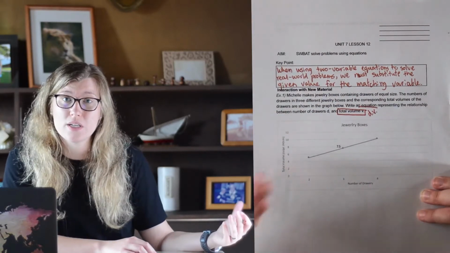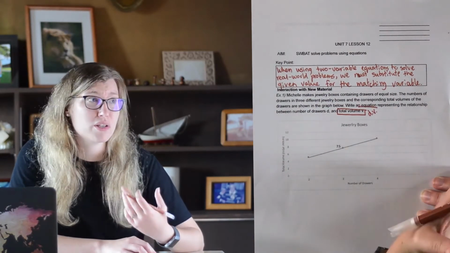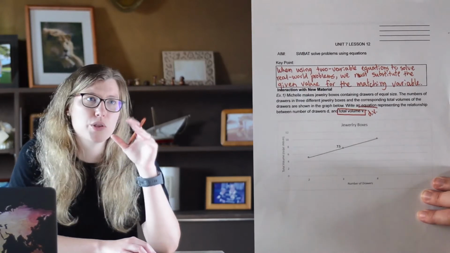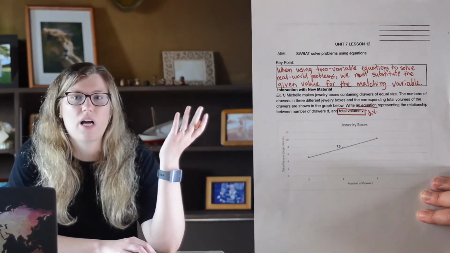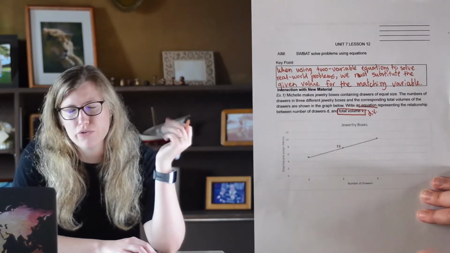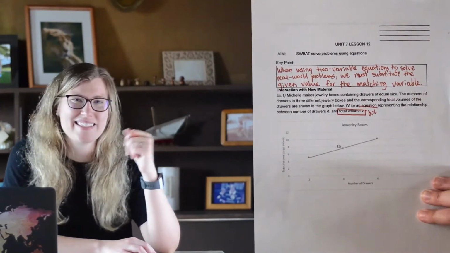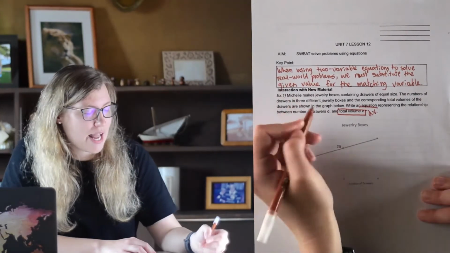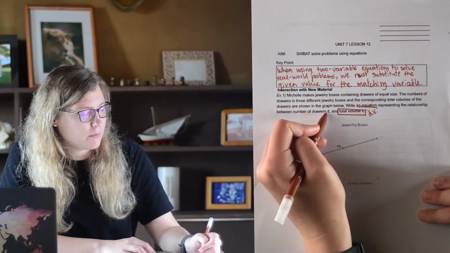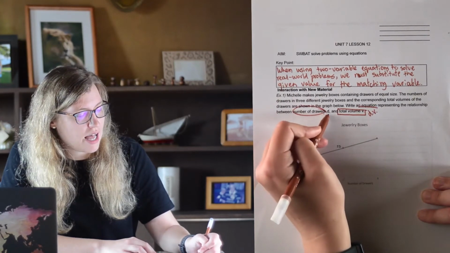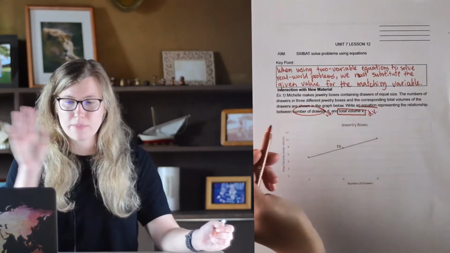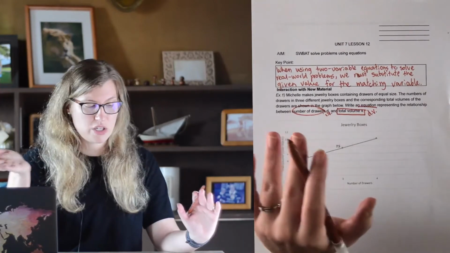My number of drawers, I kind of get to decide, right? You go to the store, you're like, I want 3 drawers in my cupboard or whatever you're going to buy, or 2 drawers or 1 if it's a nightstand. So that is my independent variable. Number of drawers, IV. Okay, that's always my first step, finding my 2 variables.